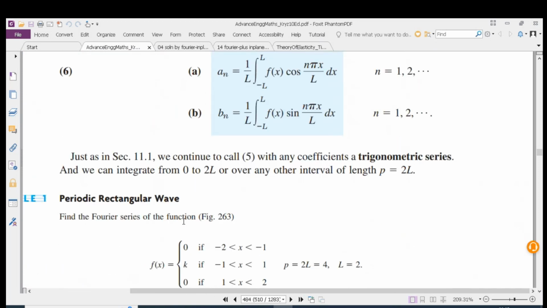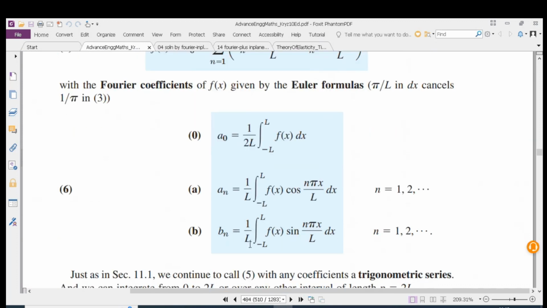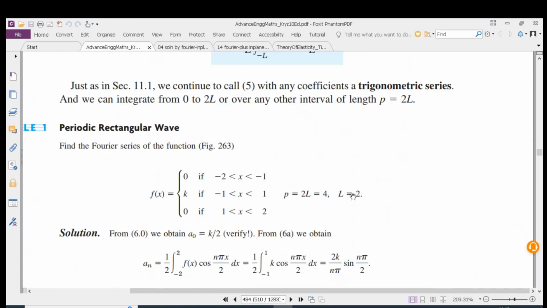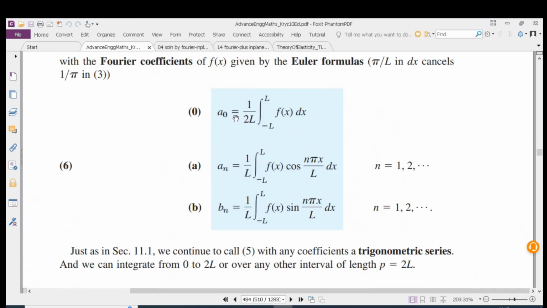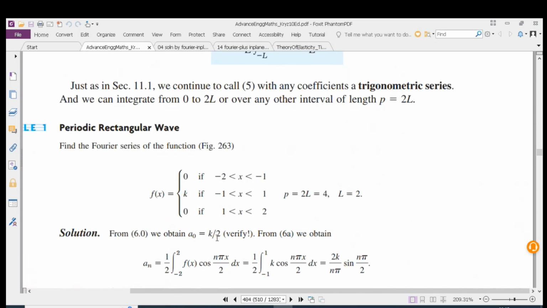So we can solve this problem by using our full form of Fourier series. First of all, we have to work out our baseline constant a naught, which is equal to 1 by 2L times the integral from minus L to plus L of f of x dx. Since L in this case is equal to 2, we can plug the values into this integral and get our a naught equal to k by 2.